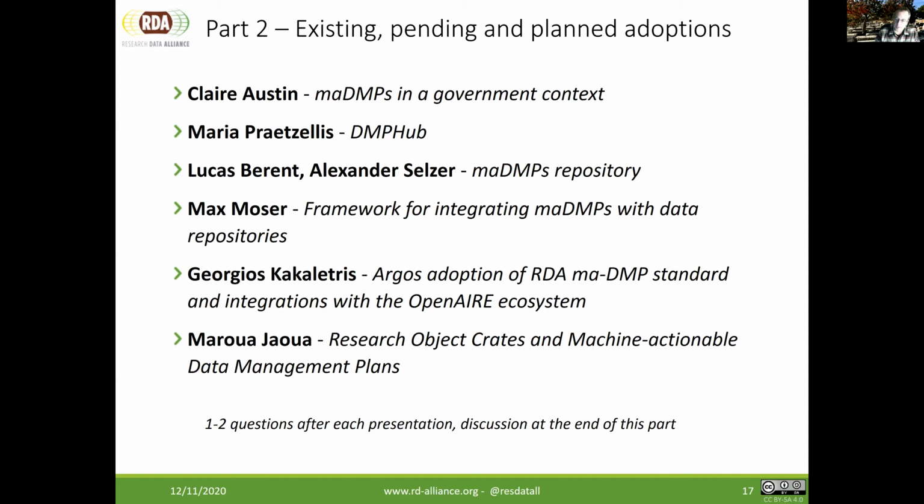That's the angle that I've been thinking of, because it seems to me that the MADMP can provide some useful evidence of provenance if it's included in an RO-Crate, potentially at least. So my question is, have you actually looked at how an MADMP could actually be included in an RO-Crate as a file rather than just a link to an external source?